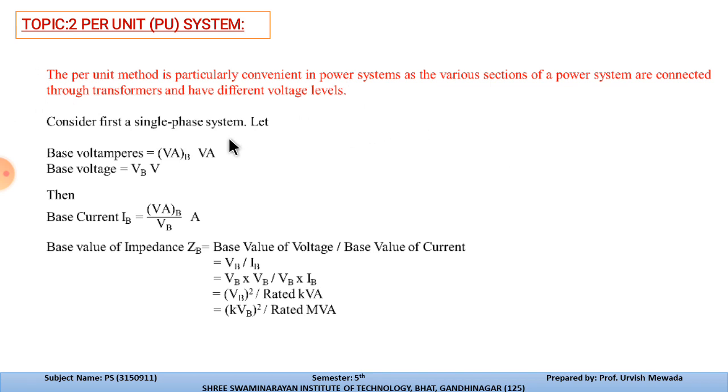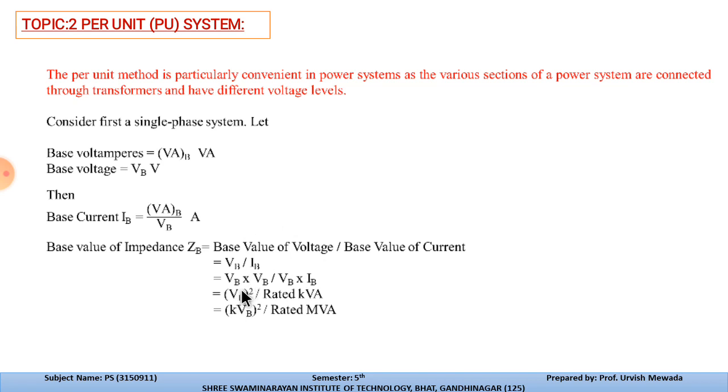Consider first the single phase system. Let the base volt amperes be VAB in VA, and the base voltage VB in V. Then the base current IB is VAB divided by VB amperes. The base impedance ZB, where Z is equal to V upon I, is the base value of the voltage to the base value of the current, so VB upon IB.